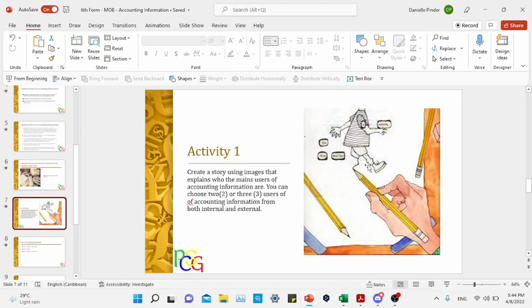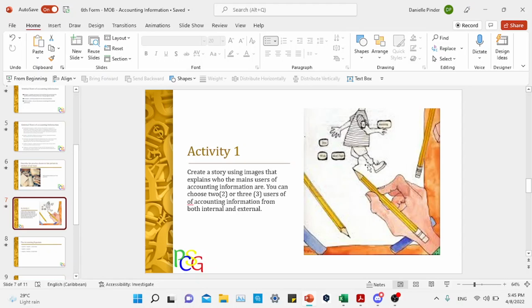So you can say that this boy is the owner of a business, and he is currently trying to borrow money. And so he is going to have to show his financials to the bank. But he's also going to have to show his financials to the shareholders as well, as another option.